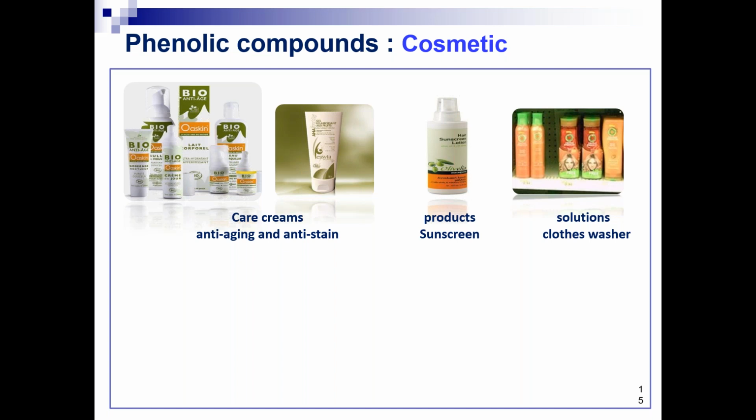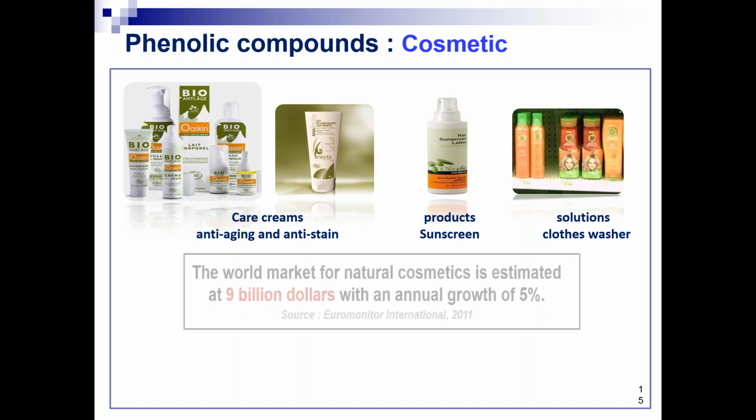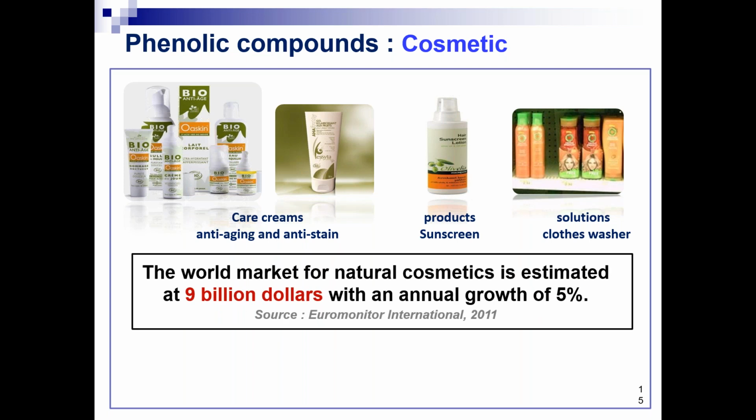Also, phenolic compounds are used in cosmetics, such as creams, anti-aging and anti-stain products, sunscreen, and laundry solutions. We can see from all this that the world market of natural cosmetics is estimated at $9 billion, with annual growth of 5%, and 6% of the global cosmetic market. It means that phenolic compounds are very useful for cosmetics.